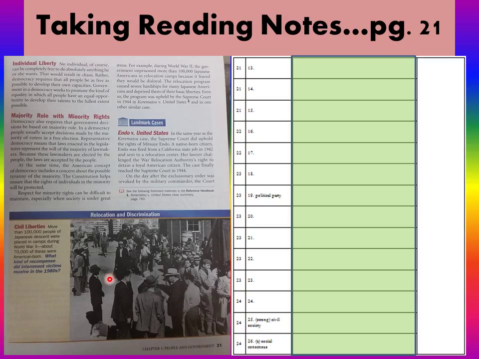But basically, after the bombing of Pearl Harbor in 1941, as you should know, the Japanese bombed America, and that brought us into World War II. And at that time, we had a lot of Japanese people living in California, specifically San Francisco.